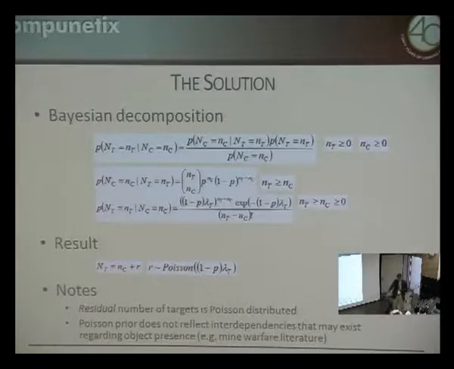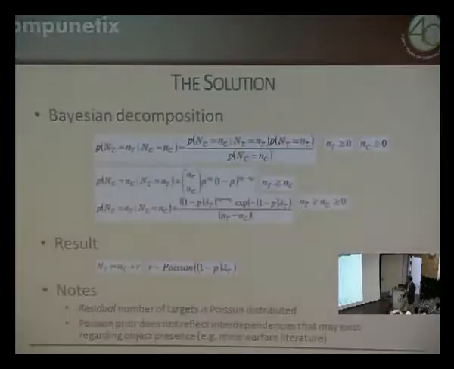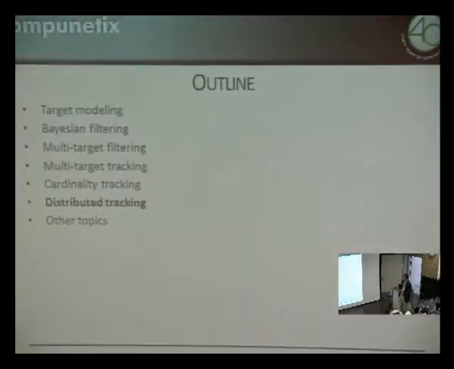It tells you that that's a region where somebody laid mines. So the detection of a mine tells you something about the distribution of other mines. Targets aren't independent in that setting. Bringing that into a tracker will be very complicated. It's important to always question whatever assumptions you're using in your system.